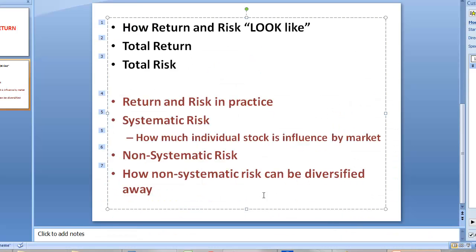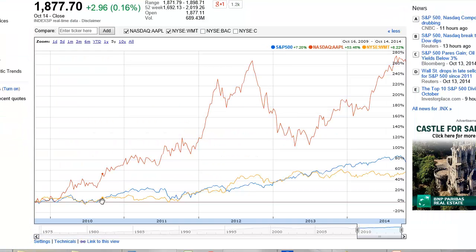Finally, non-systematic risk. Now, systematic risk measures how much you are influenced by the market. So what is non-systematic risk? It is the rest of the risk. So we have total risk, and within total risk, we have systematic and non-systematic. For example, the movement of a given stock that has nothing to do with the market.